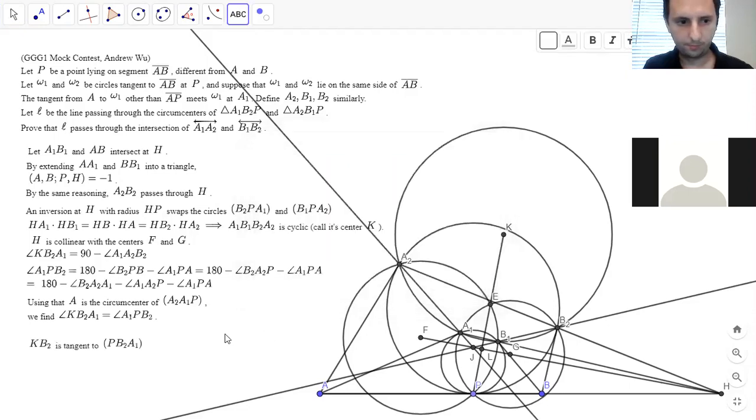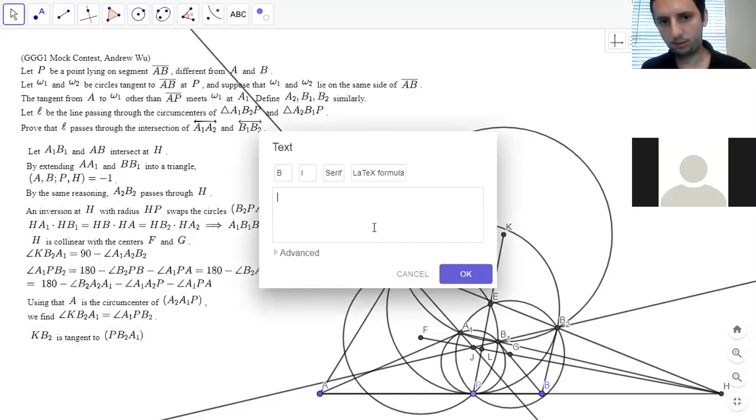And so I'll just say after some work by Bricard's theorem, with some work, FB1, FA2, GA1 and GB2 are tangents to the circles.